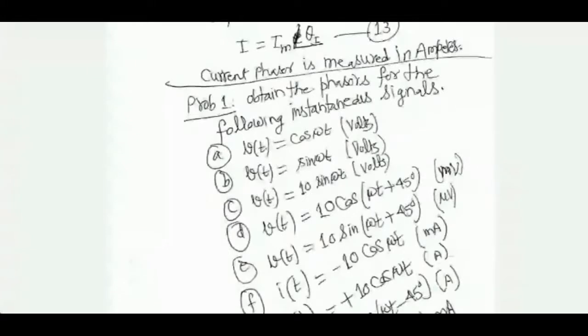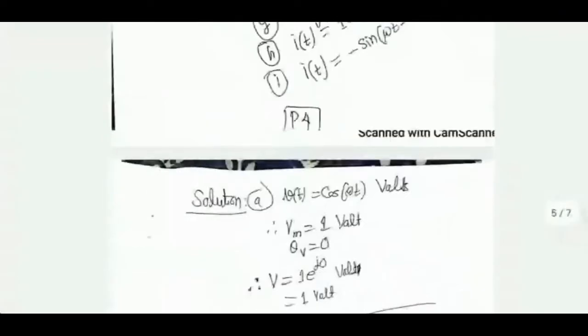By the way, units are given within brackets. Amplitude for the signal in A is 1 volt and theta v is 0. So the answer is fairly straightforward. 1 e to the power j0, which is actually 1. In such a case, mentioning e to the power j0 is unnecessary, but technically speaking, it should be there. The answer is 1.